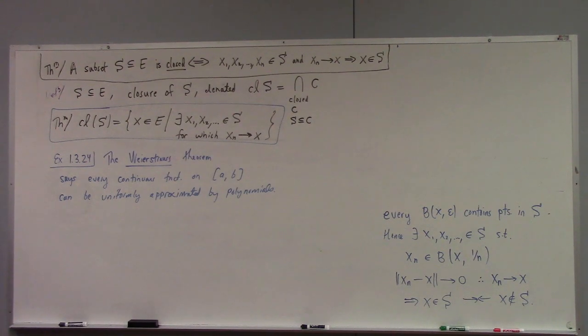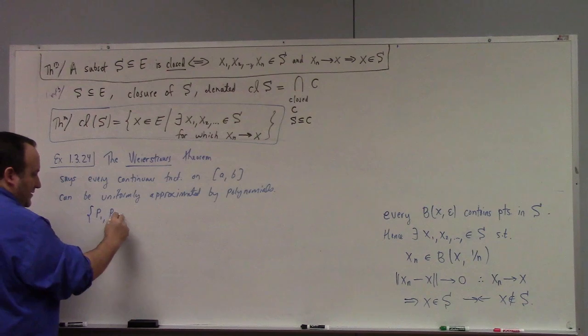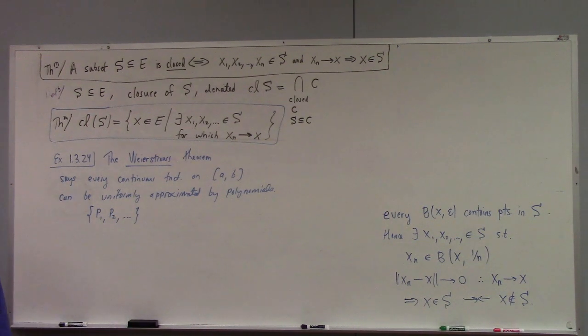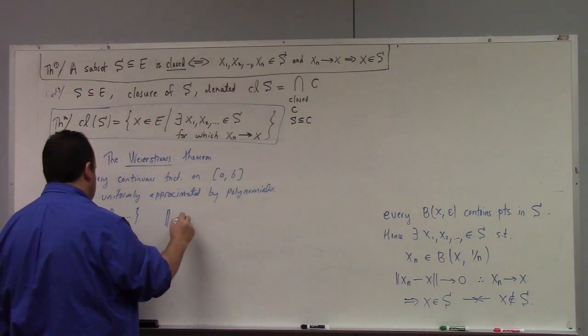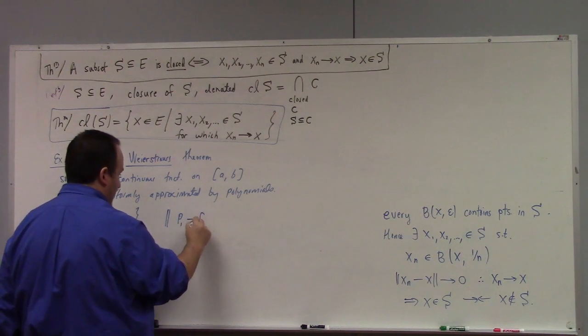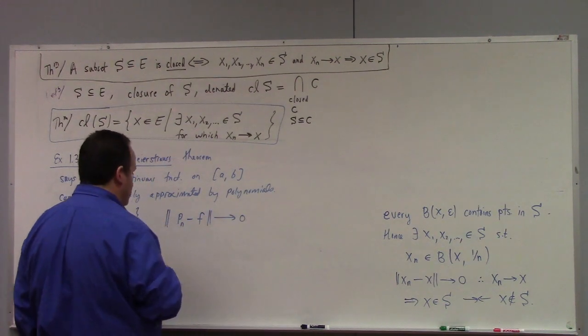So what's that saying? You can find a sequence P1, P2, ..., these are polynomials on the closed interval from a to b, such that the norm of Pn minus f goes to 0.